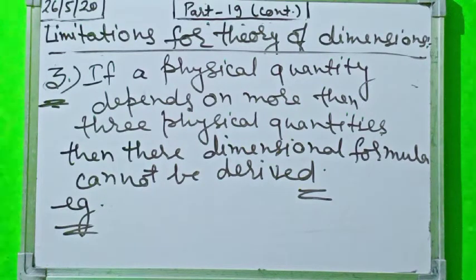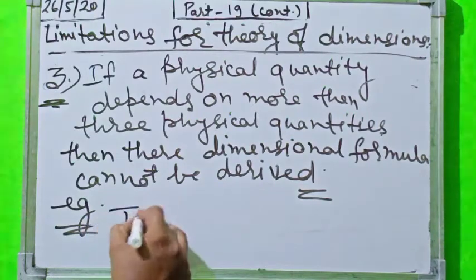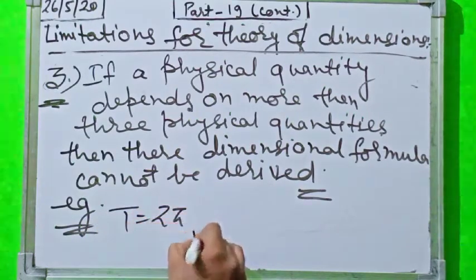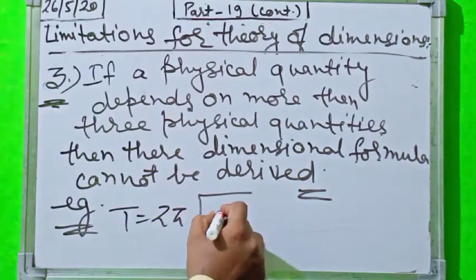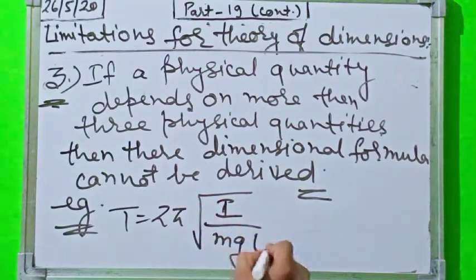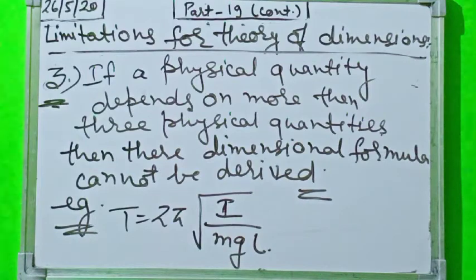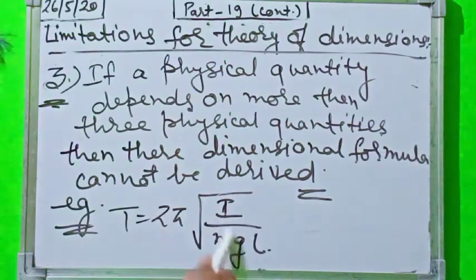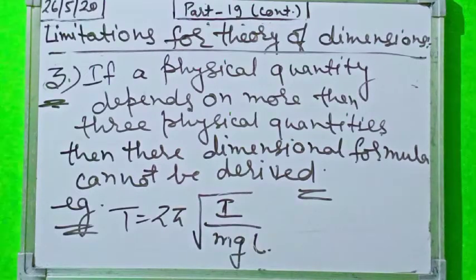the dependency of physical quantity, suppose example I am telling, T is equal to 2 pi under root I upon mgl. Here time period is depending on moment of inertia, mass, acceleration due to gravity and length. So time period is depending on 4 physical quantities. But we have only 3 equations.